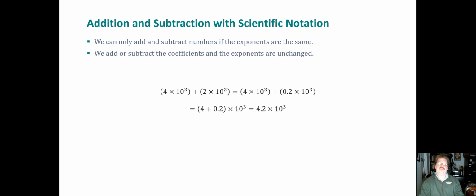No. You did 40 plus 2, and that gives you 42 times 10 to the 2nd. And then you'd have to move the decimal place over to the left, and you get 4.2 times 10 to the 3rd. Again, you'd have to increment. I would go with the example listed. That is the easier and, I think, more clear-cut way of doing it. But technically speaking, you can do it either way.